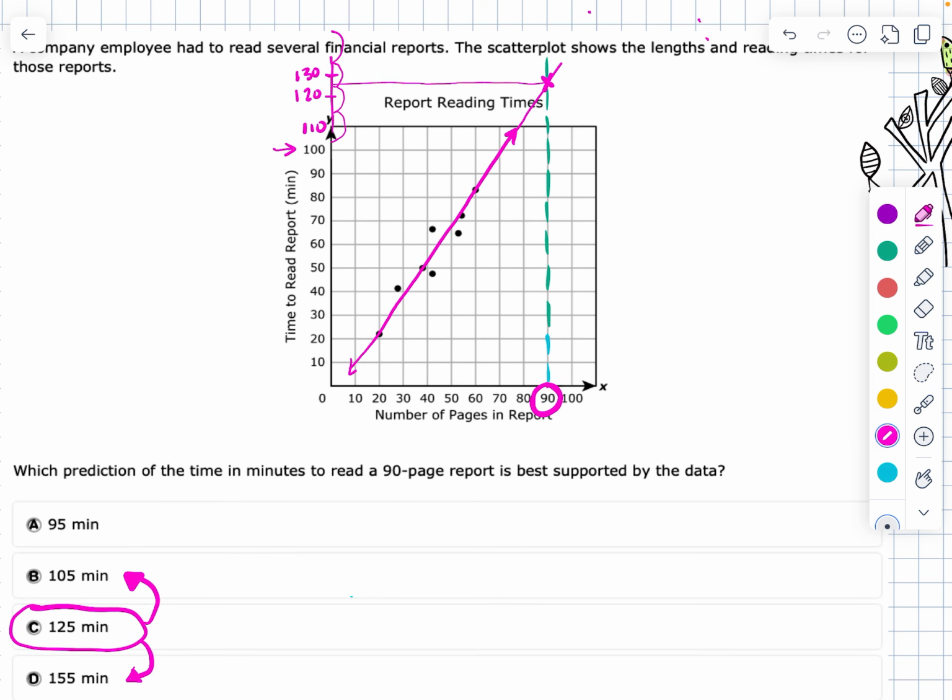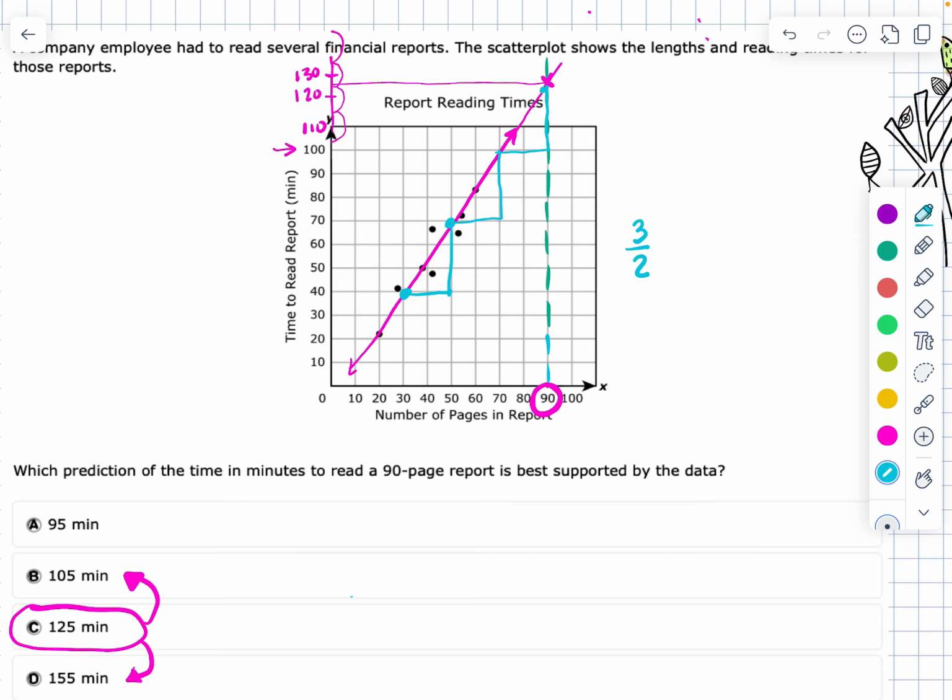You could find the slope of the line, maybe use this point, and find the slope. It's going to be rise over run, so 1, 2, 3 over 2 roughly. And you could actually go up like this and find this point. Look at that, it lands right there as well. So that's another way you could do it.